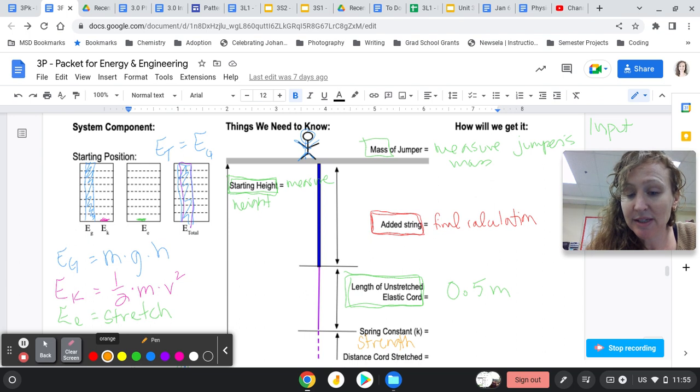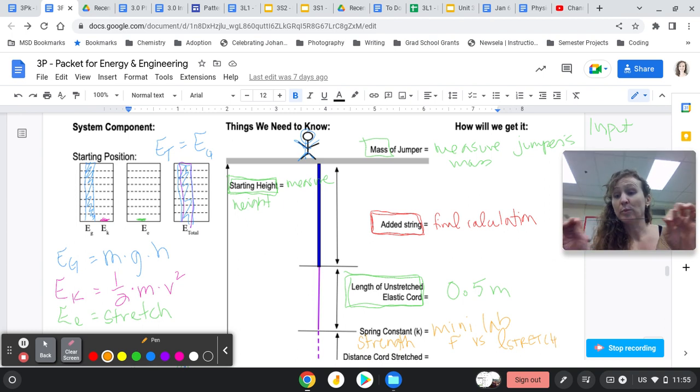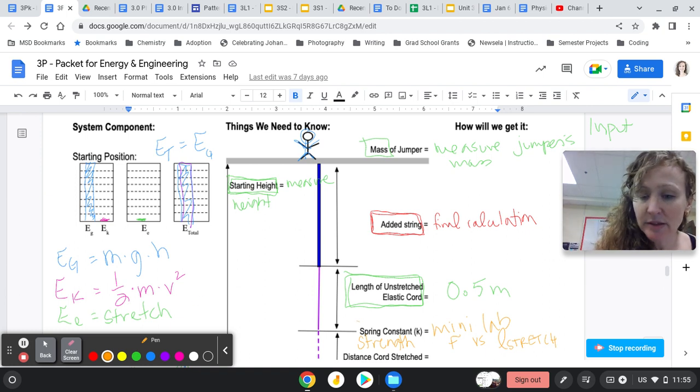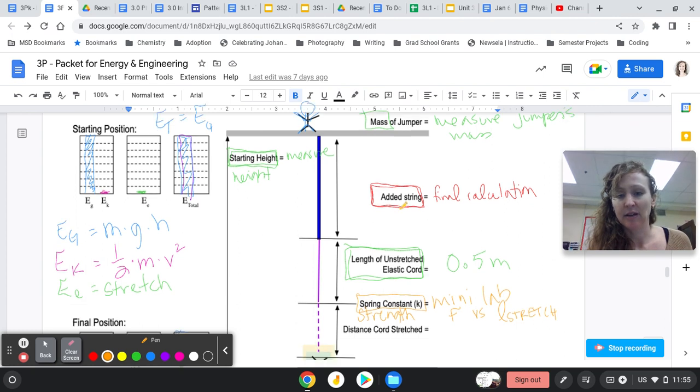So we're going to do this in a mini lab where we look at force versus the length of the stretch. So this will be something that we're going to spend some time on looking at and trying to find. So we can know this is a calculation.